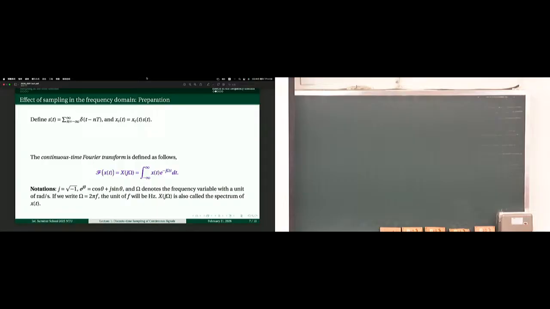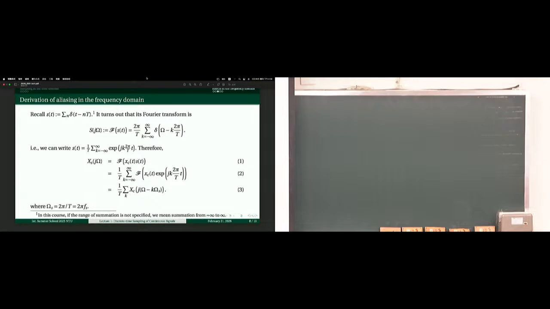But if you're with me, if you just perform this direct calculation of the coefficients, I hope I get this correct, it turns out that all the coefficients are 1 over T, a constant. I said this is an important intermediate step for us to understand the spectral effect of sampling. Right? So far, so good?